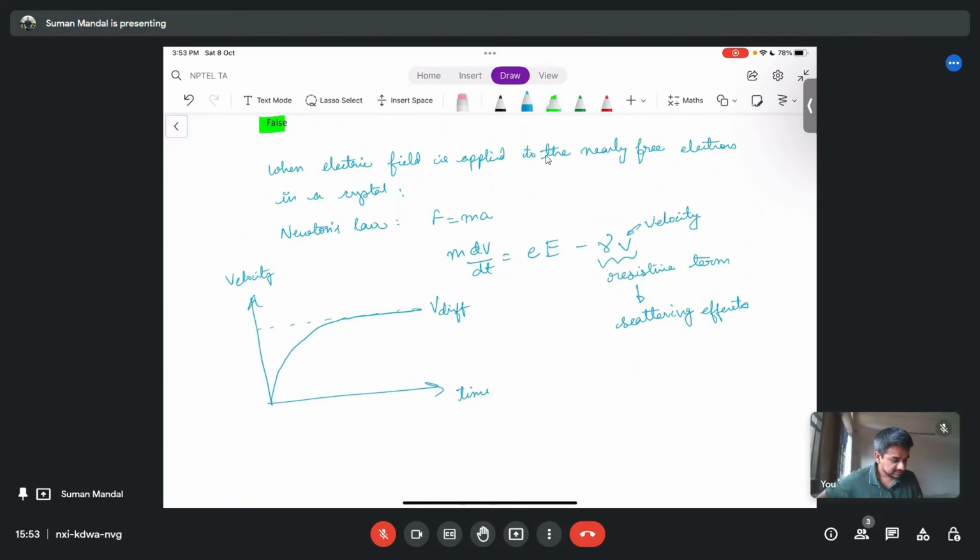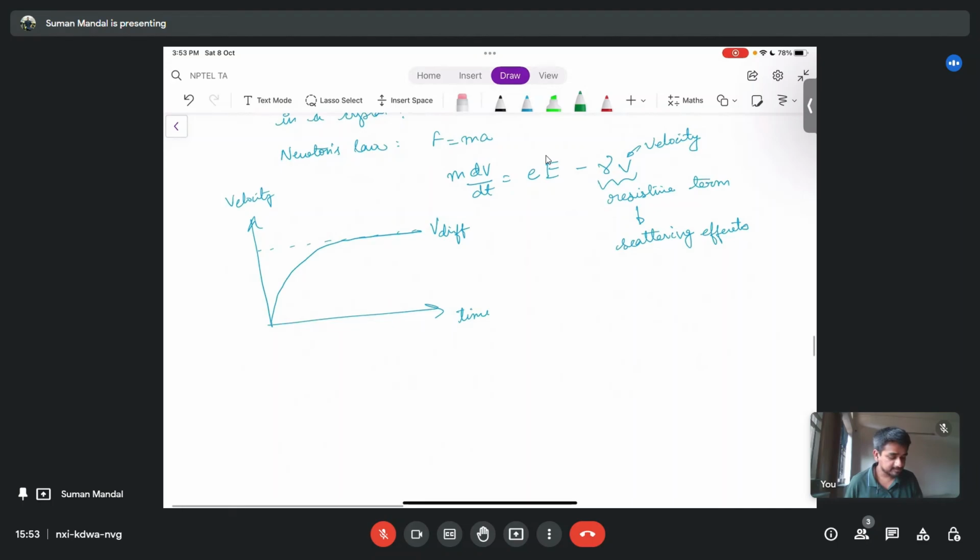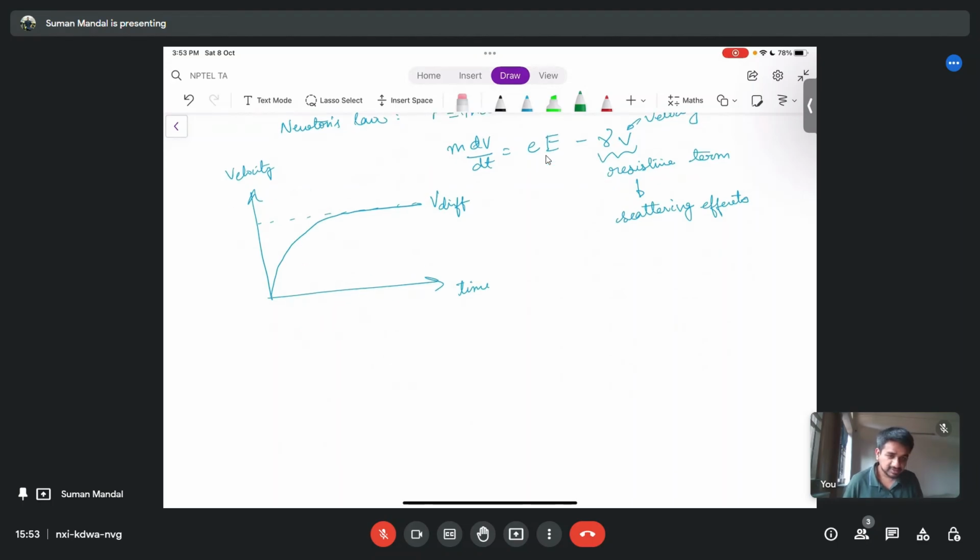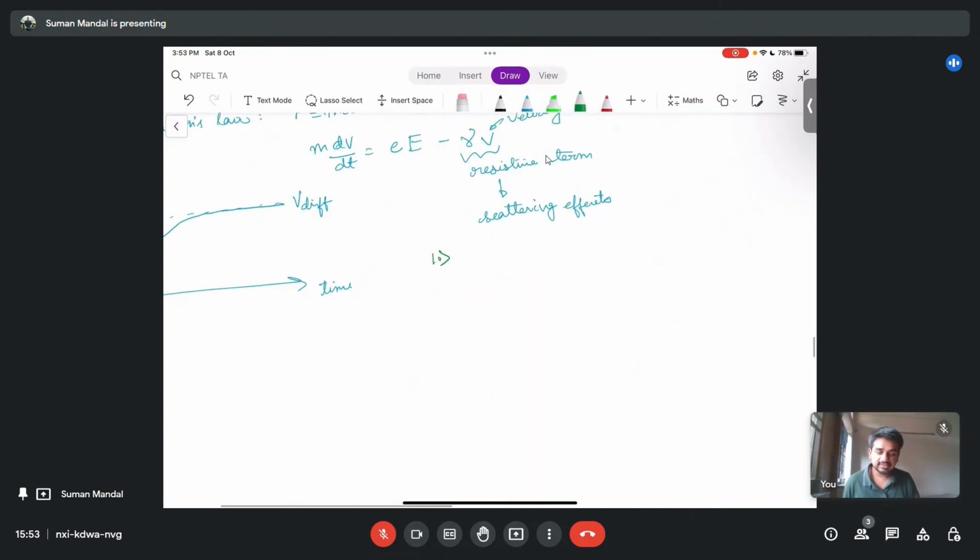And there are different scattering effects. So what are some common scattering effects? One of them is, let's say it's a doped semiconductor. Then there will be ionic impurities or ionic dopants which have been ionized.